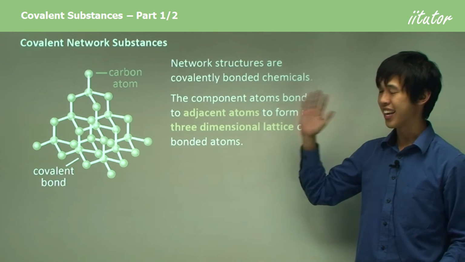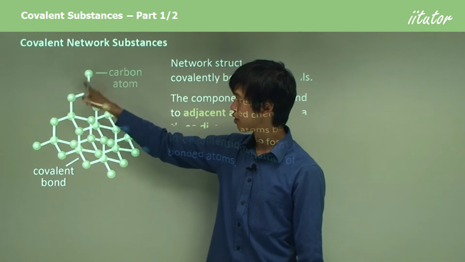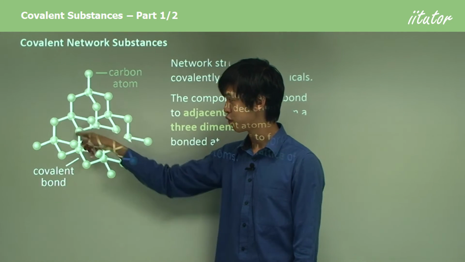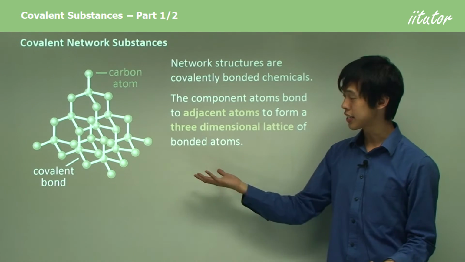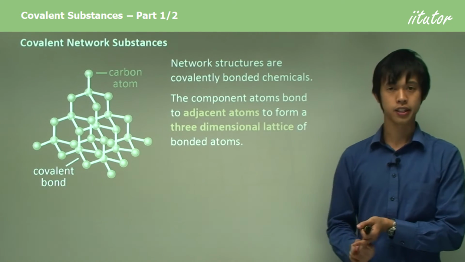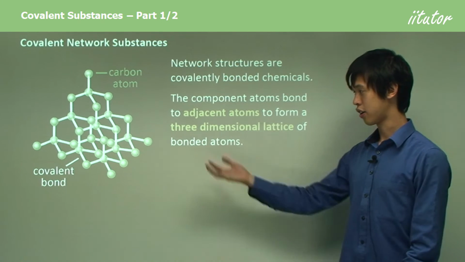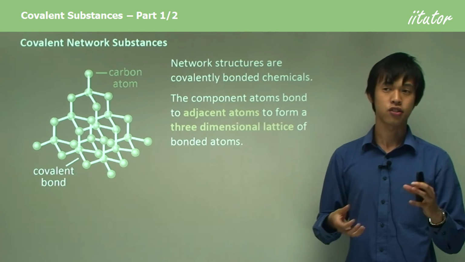Now, in a covalent network substance, you can see that this little guy here will bond to 4 next to it. And those 4 will each bond to 4 more. Each of those will bond to 4 more, etc. So it's very similar to a metallic or an ionic substance, except instead of ionic or metallic bonds, you've got covalent bonds. So you can see that they form this network and lattice structure.